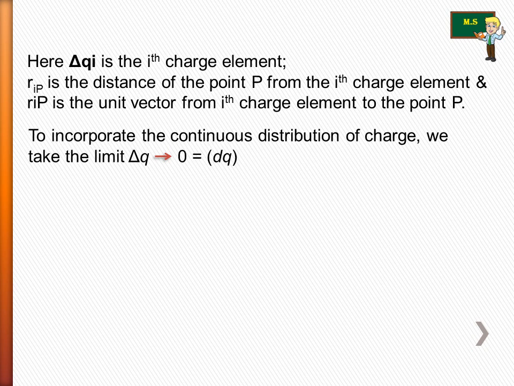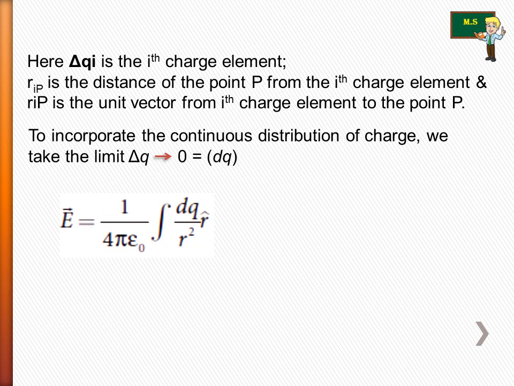Now to incorporate the continuous distribution of charges, we take the limit del q tends to 0. That means dq. This is for your reference. We have to take the limit of the distribution, then only we can find the value. And after that, from equation 1 we get E vector is equal to 1 by 4 pi epsilon 0 integral, instead of summation we use an integral because we take the limit of the distribution of charges, dq divided by r square into r cap.